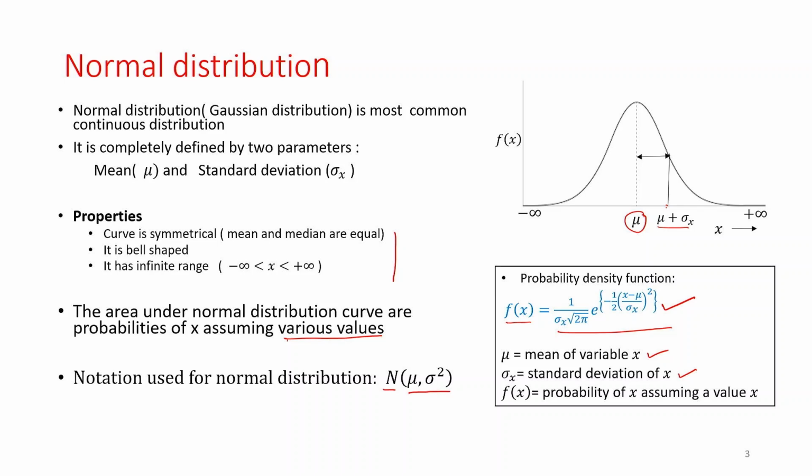Mu basically means mean and sigma square is the variance. So by writing N(mu, sigma square), that automatically means this is a normal distribution with mean mu and variance sigma square, or standard deviation sigma.